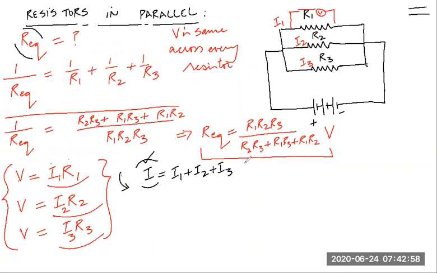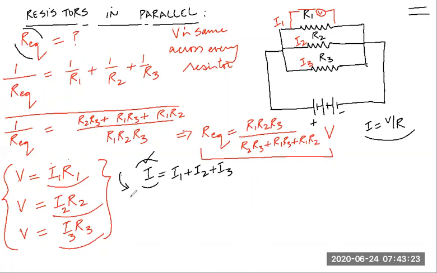Now, according to Ohm's law again, I is equal to V by R. Am I right? So let's find out. Now this current is the equivalent current. I1 is not equivalent. I1 is the current flowing in the first resistance. I2 is the current flowing in the second resistance. And similarly with I3. So I would be equal to what?